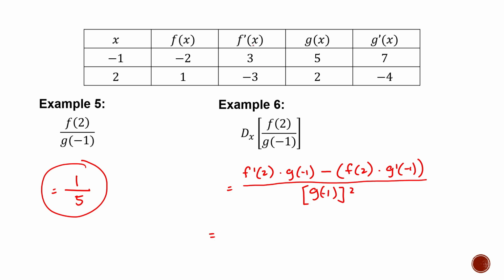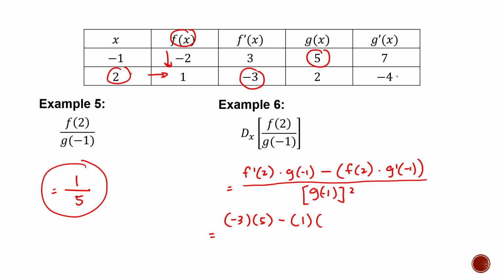Alright, f prime of 2 is negative 3. Next, g of negative 1 is 5. Minus f of 2, which is 1.